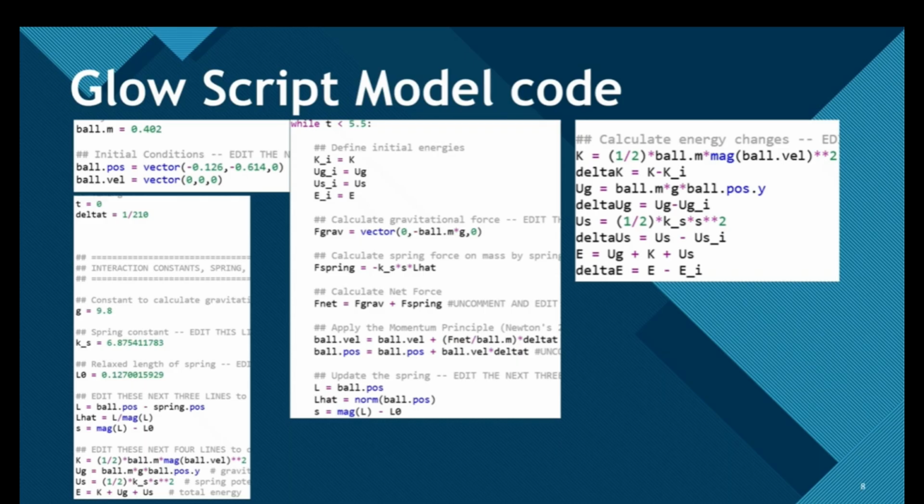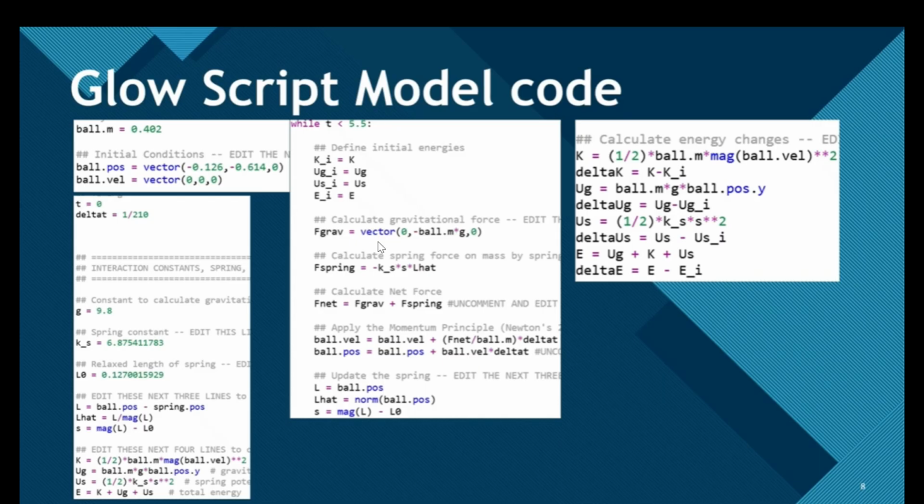And then we use this to find the L, like the length, using the ball minus spring position, and then L hat, so the magnitude of L, and then our S. So with this, we also calculate the gravitational force on the ball and just all the forces.